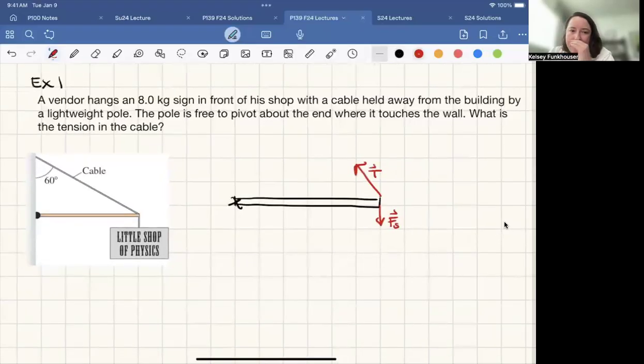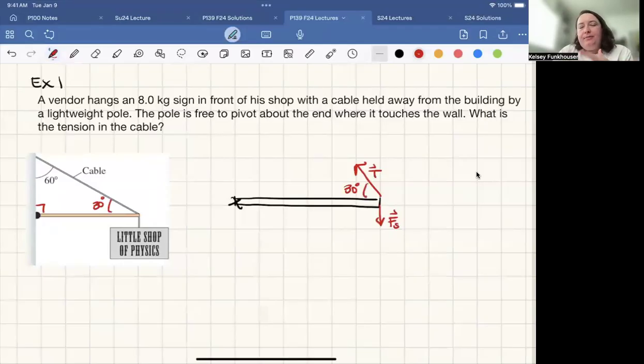And then one more thing we can say, this is a 30-60-90 triangle, so we can say this angle is also 30 degrees. And now, the question says this is a lightweight pole. That tells us we don't have to worry about the mass of the pole.